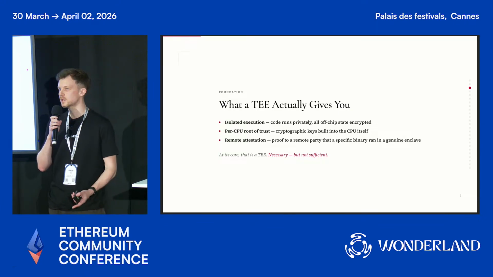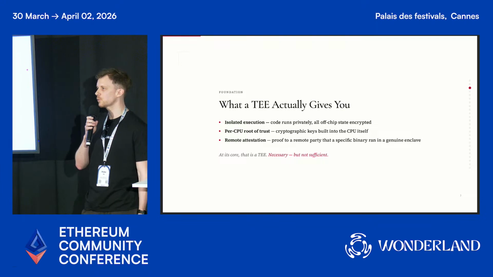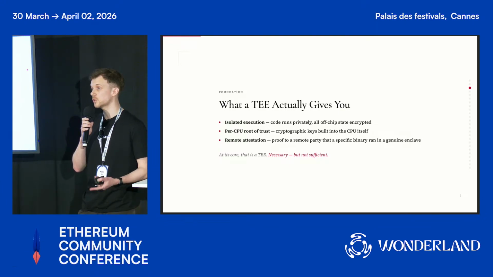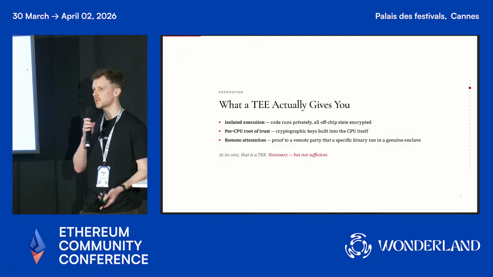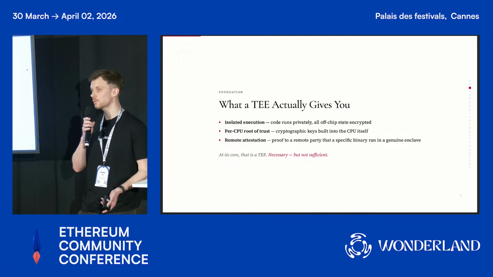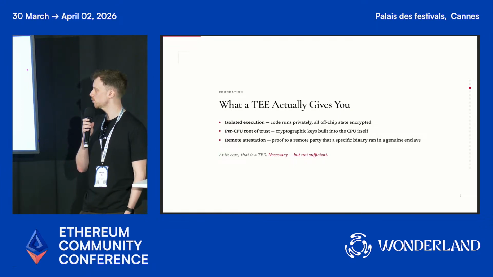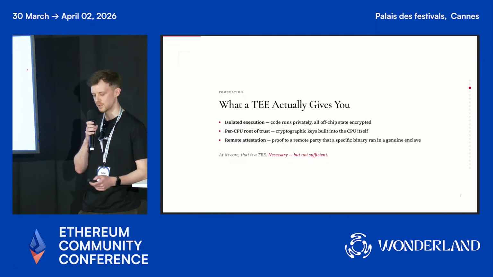And the third thing is remote attestation. This is quite a powerful concept, which allows us to prove to a third party that we are running the code that we say we're running, without having to trust the operator directly. All of this is nice and necessary, but it's not enough in practice to build applications that can be considered trustless.